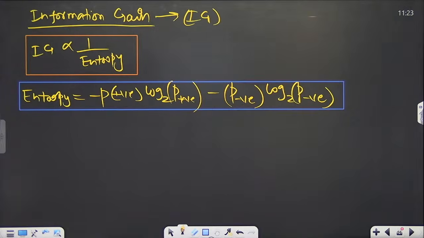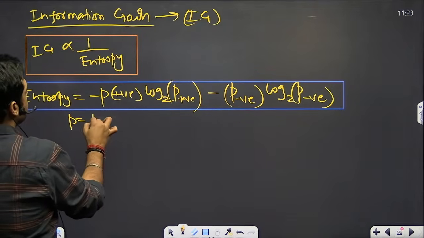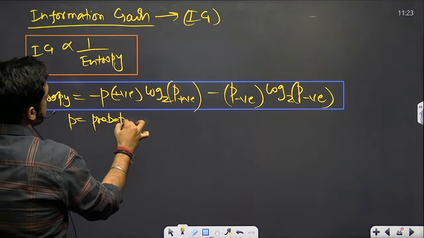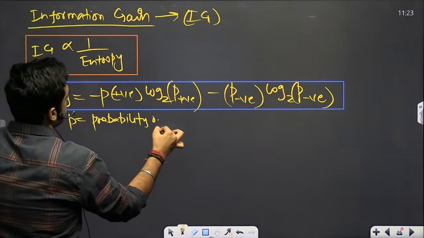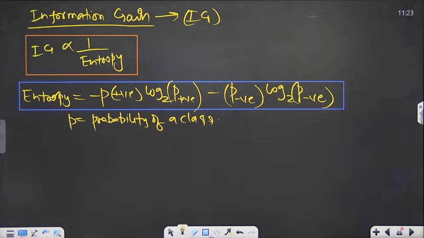And what is P? P defines the probability of a certain class. And how to define entropy for a multi-class data set?